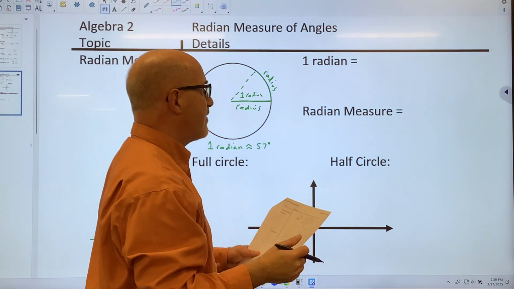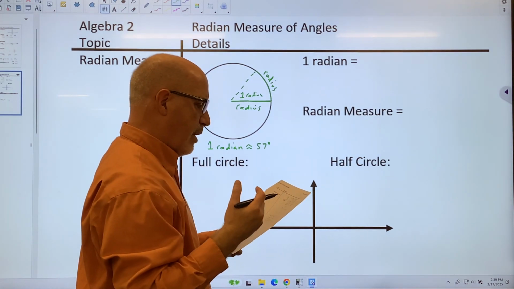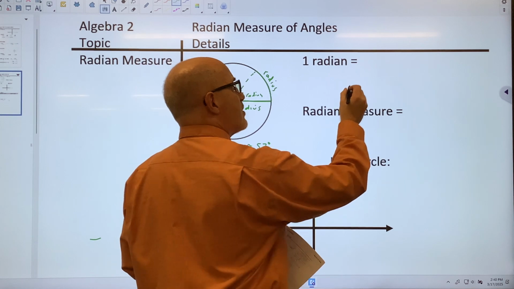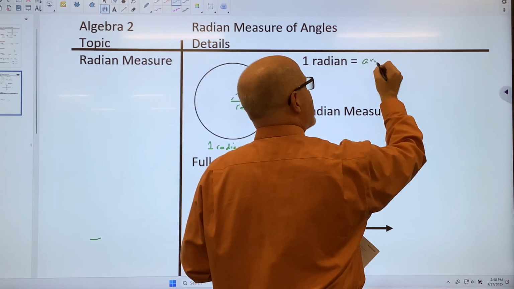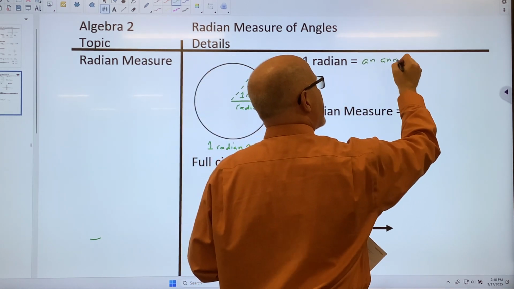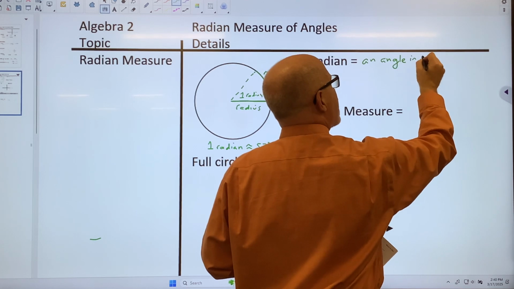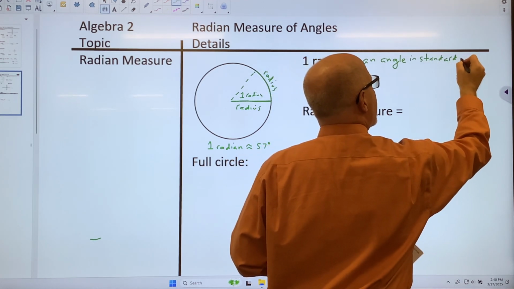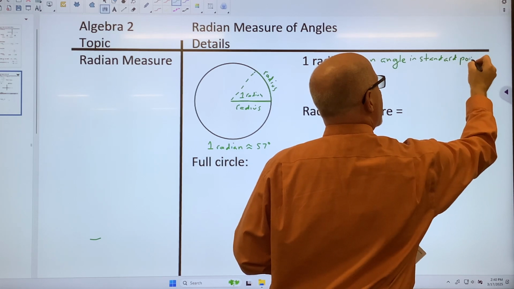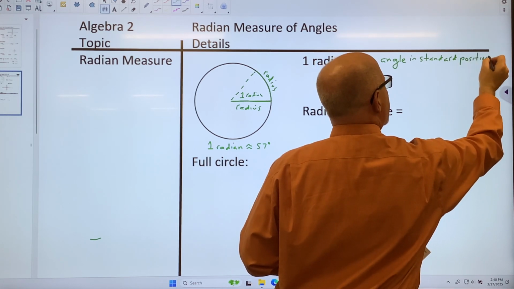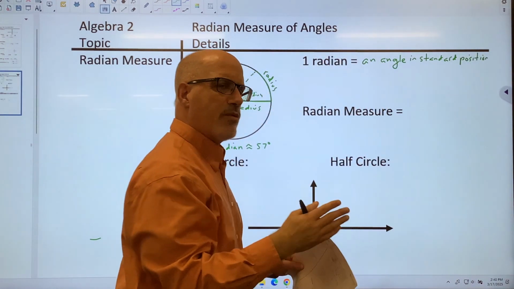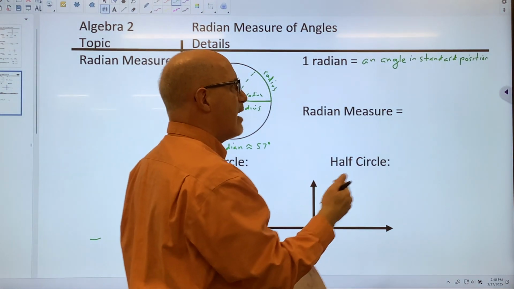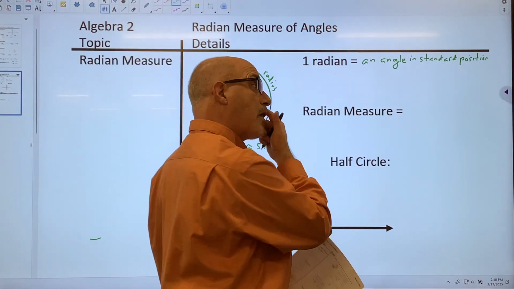So let's go ahead and define it in terms of the words that go with it. 1 radian is an angle in standard position. It could be other places as well, but usually we start with our initial side as the positive x-axis, and we rotate counterclockwise.